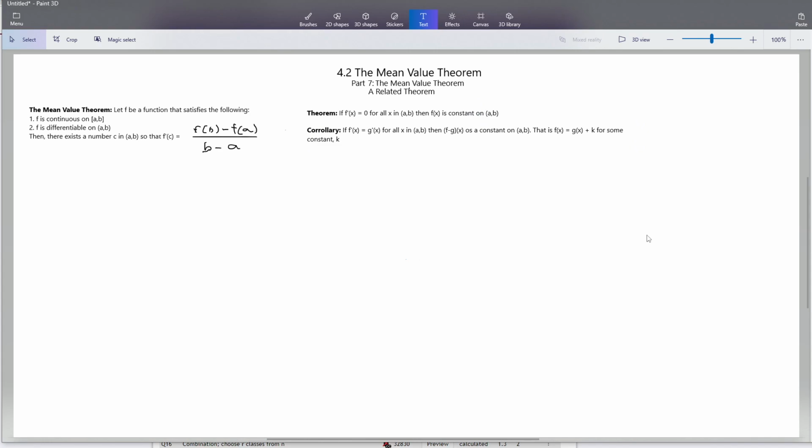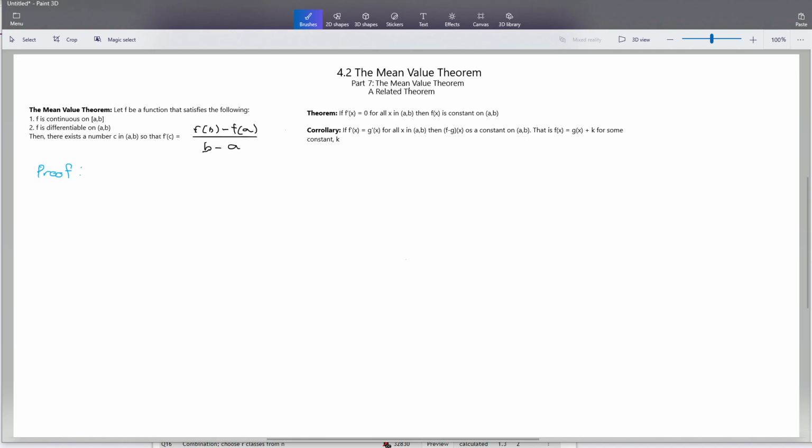So this can be a lot more helpful when you're trying to do proofs, is the idea that if the derivatives are the same, then the difference in the functions is a constant. Okay? Or one function is the other function plus some constant. Okay? So let's go ahead and look at a proof of this. And remember what I said, this should follow pretty closely from the previous theorem. Okay?